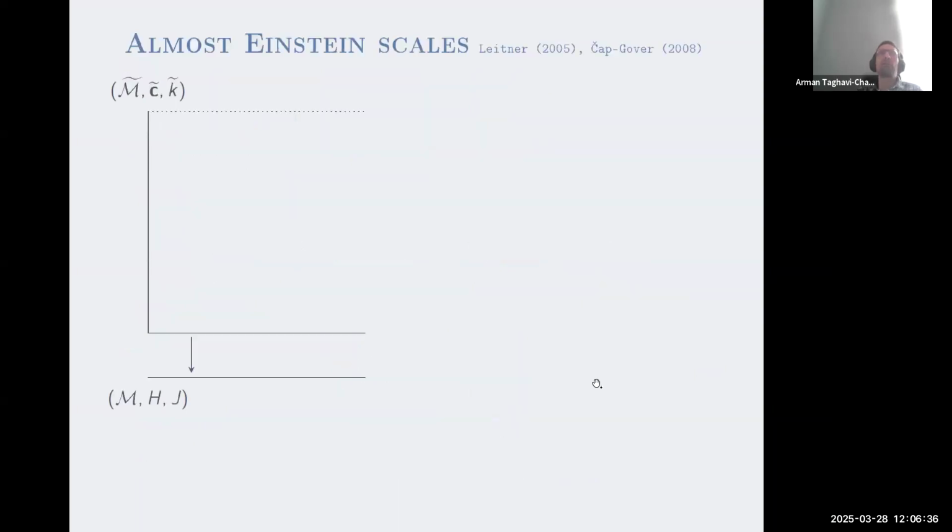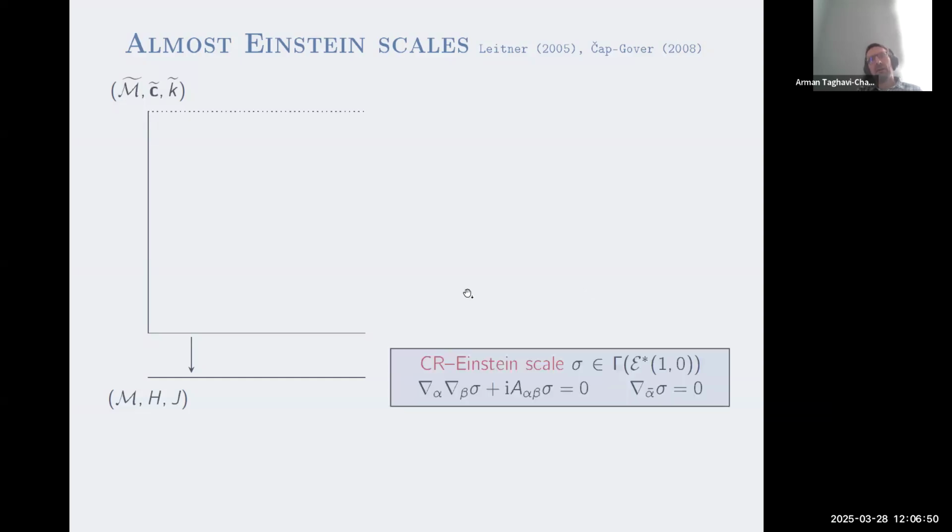Okay, so how do we produce such almost Einstein scales in the context of the Fefferman construction? This is the original setting. So we have the CR manifold here, the conformal manifold here. And what I can do is consider a solution to the CR Einstein equation that I gave earlier on.